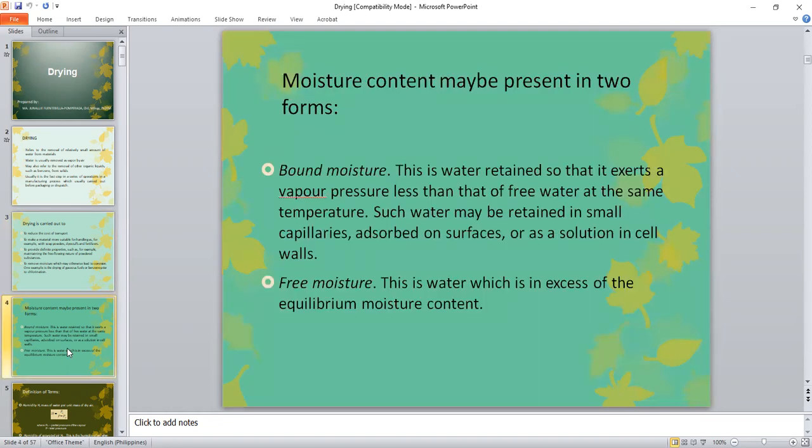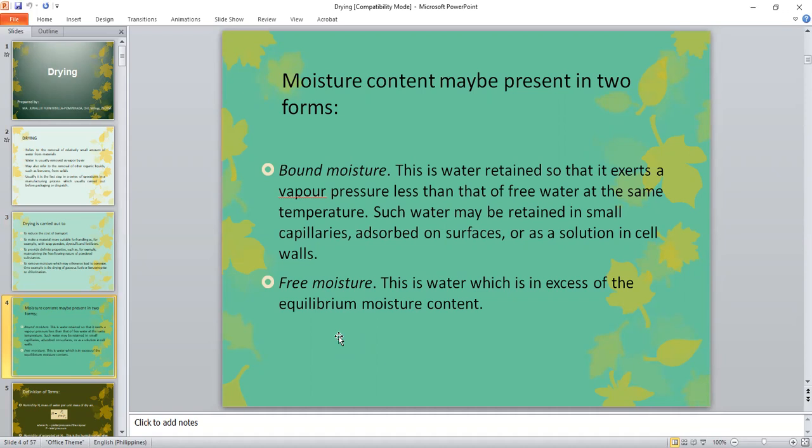Now, when we speak of moisture content, there could be two: bound moisture or free moisture. Bound moisture is water retained so that it exerts a vapor pressure less than that of free water at the same temperature.